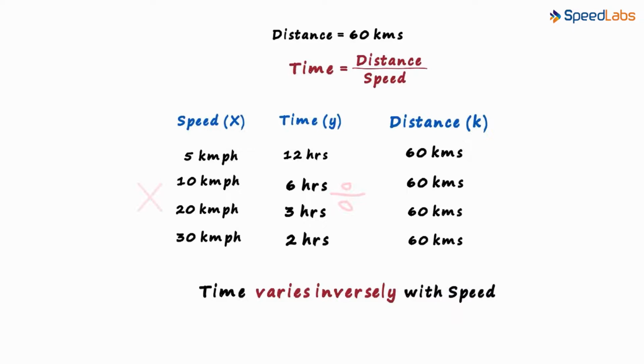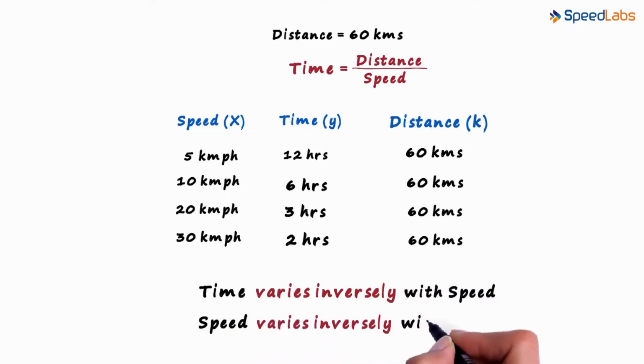Also notice that if time is multiplied by a factor, the speed is divided by the same factor. For example, 6 multiplied by 2 is 12 and 10 divided by 2 is 5. So we can also say that speed varies inversely with time. They both mean the same thing.